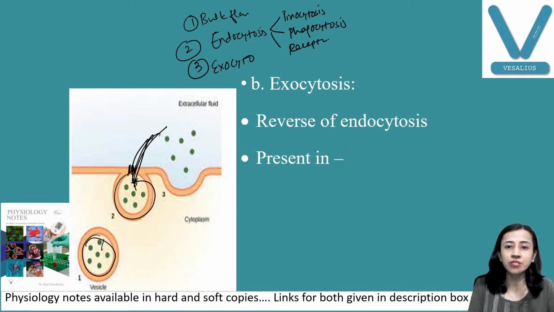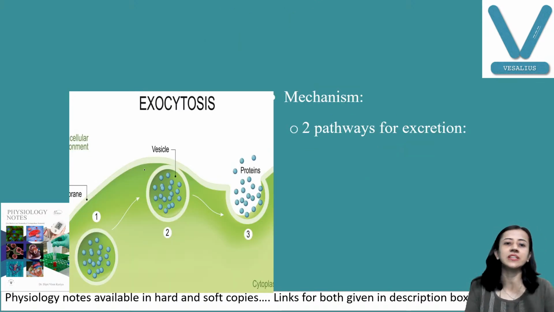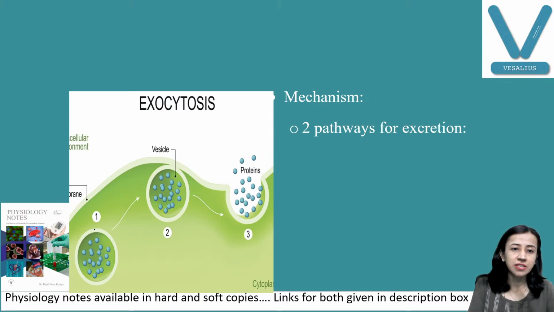This exocytosis is present in secretory cells. Some cells, their function is to secrete hormone or some substances. So the secretion is by this mechanism of exocytosis. You can see here, this is the mechanism. First of all, there is formation of vesicle. Suppose hormone is there, protein is formed by endoplasmic reticulum.